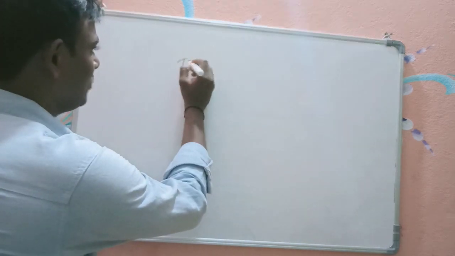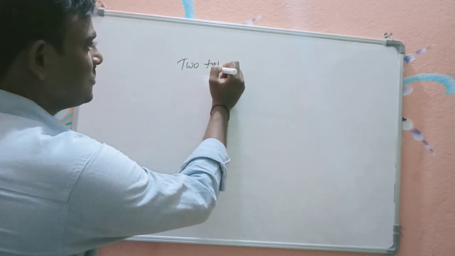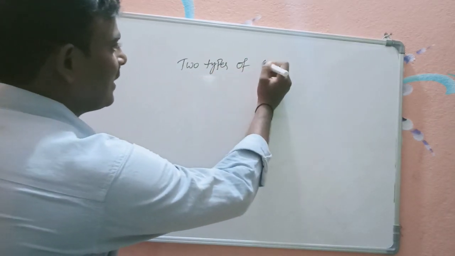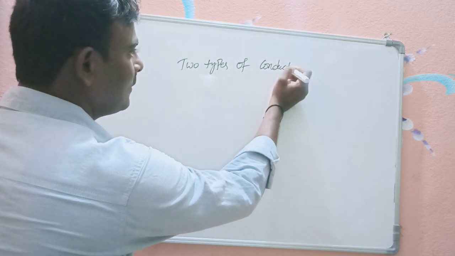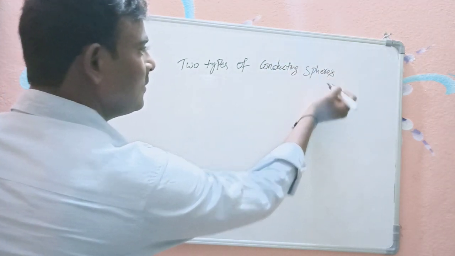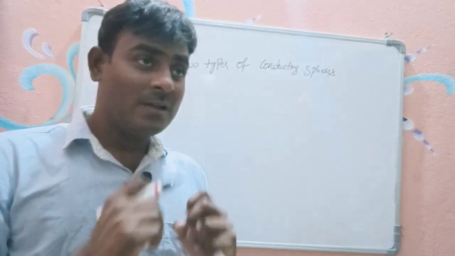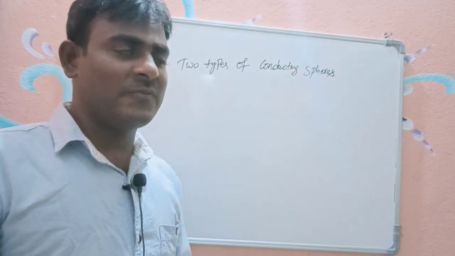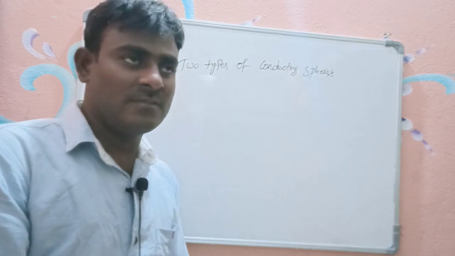There are two types of conducting spheres. A conducting sphere consists of charges.